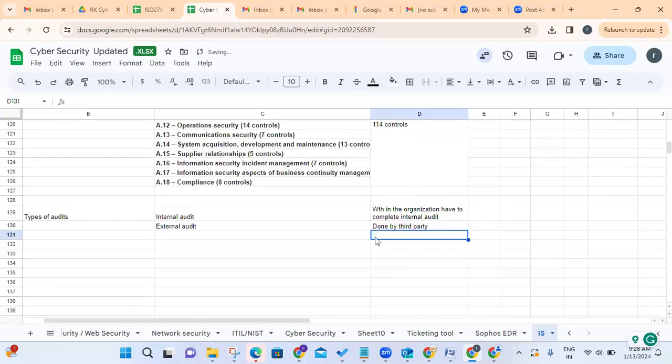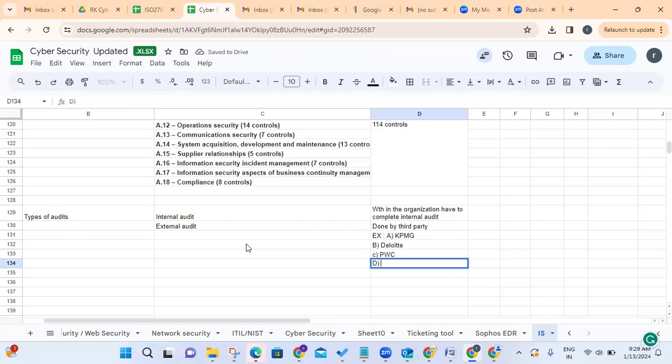Under this third party, we have a couple of companies existing. Those companies are KPMG, a UK based company. The second one is Deloitte, US based. Third one is PwC, one of the famous auditing companies, once again from the USA.